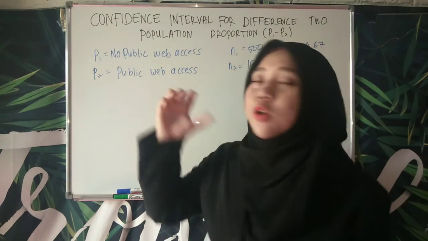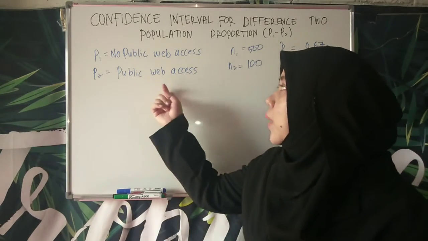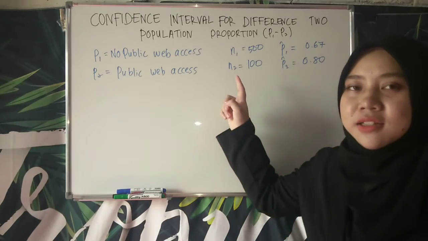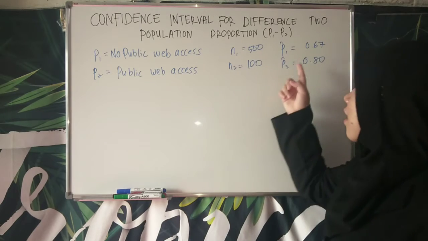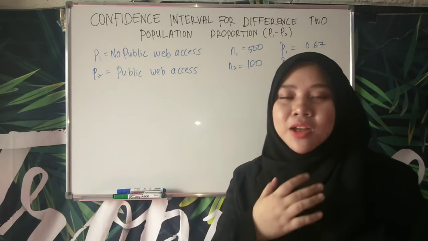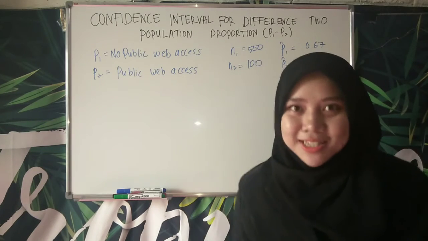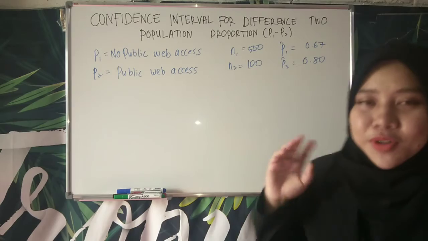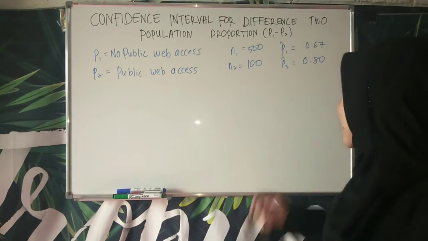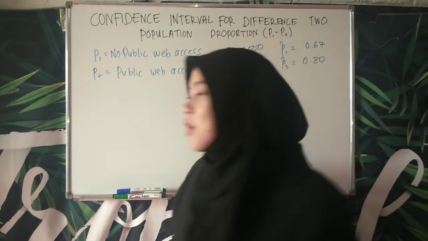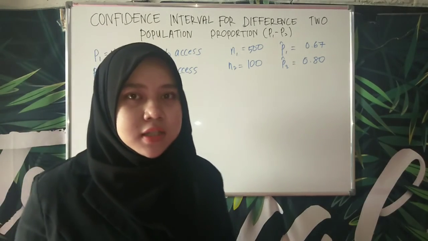We let P1 equal no public web access and P2 equal public web access. The first sample size is 500 and the second is 100. The question has given us the proportions, which makes it easy. The first proportion is 0.67 and the second proportion is 0.80. The confidence level stated in the question is 90%.